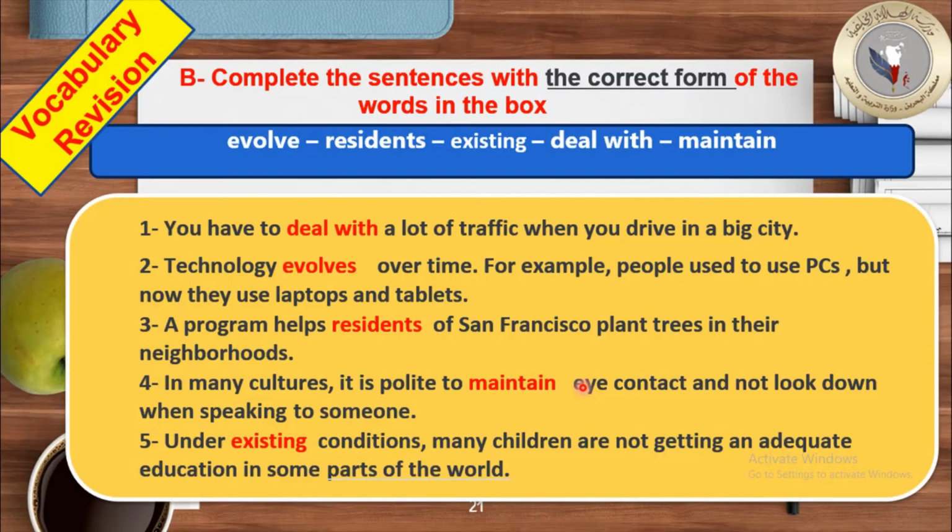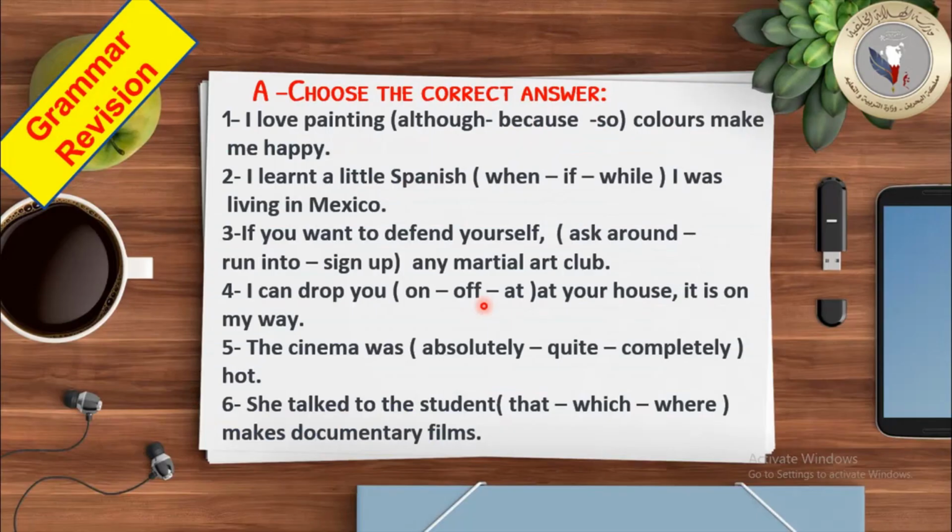If you can give me a synonym of it, existing. The synonym of existing is what? Is current. Well done. Current means happening now. Existing means happening now.